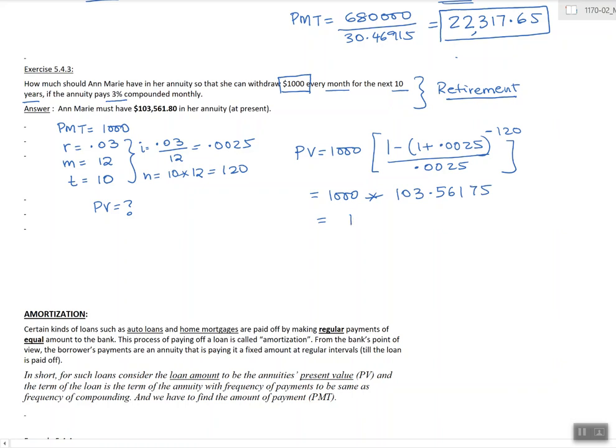So multiplying is easy. It's 103,561.75. So that means Anne Marie's annuity should have $103,561 approximately. This is pretty close to this, so it's just because of rounding. Sometimes it could come out to be like 80 cents. Here it's 75 cents.